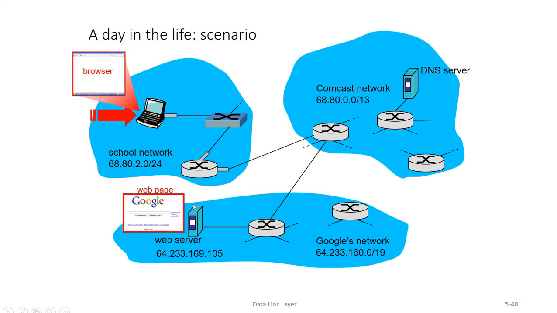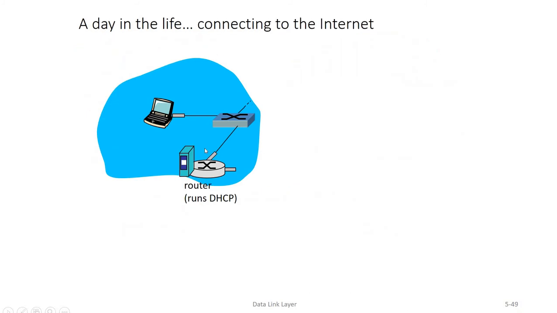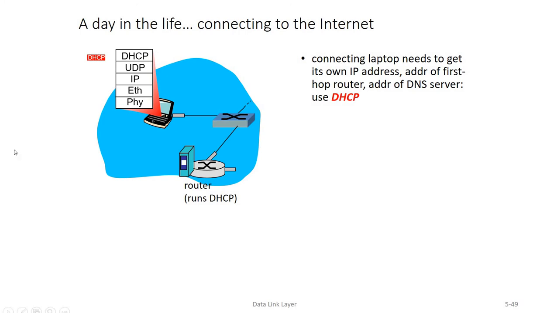What will happen? We have a Google web server, however this machine doesn't know the way until now. So firstly we start with DHCP, the Dynamic Host Configuration Protocol.